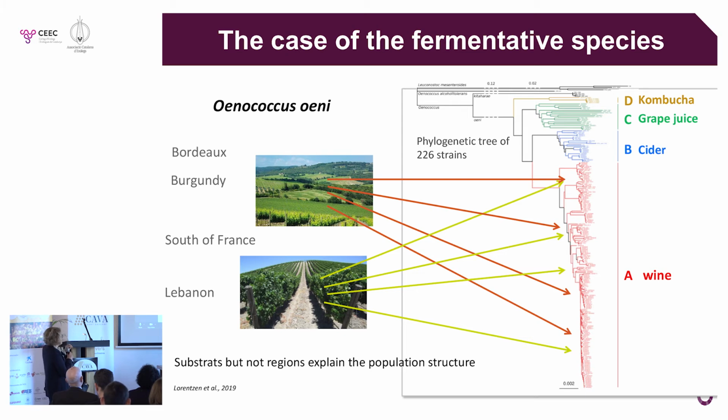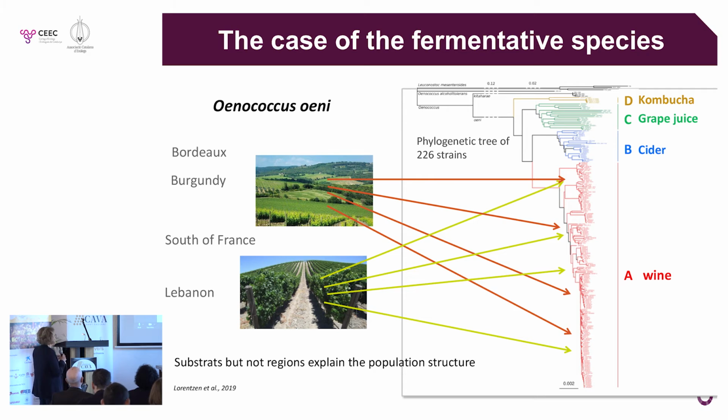But in contrast, we have a specific branch gathering isolates from cider, but also from grape juice and from kombucha. So the idea to retain from this work is that substrate, but not region, explains the population structure of Oenococcus oeni. So for this species, no evidence of biogeography, okay?